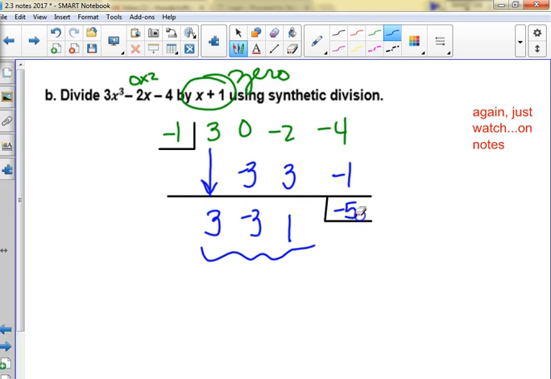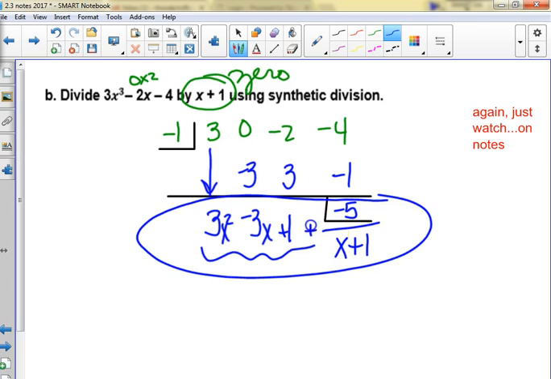This is the remainder. You start at the back, and this term is the constant term. This term is the linear term, so it gets an x. This is the quadratic term. You would keep going however many terms there are, but you always start from the back. So we wind up with 3x squared minus 3x plus 1 with a remainder of -5, which could be written as -5 over x plus 1.